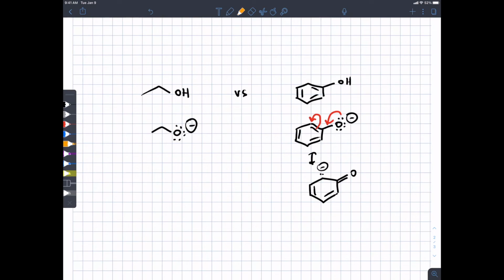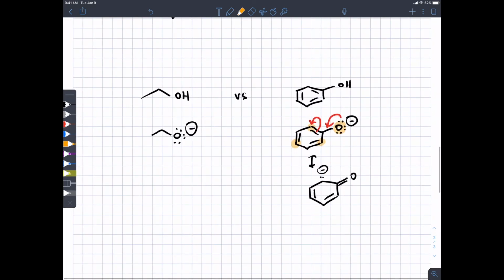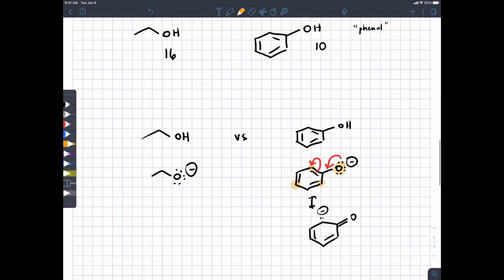If you follow that procedure, you can identify that the lone pairs can be on the atoms that I've just indicated there. So this negative charge from the phenol is stabilized by resonance, and therefore you would predict that the phenol would be more acidic, even if you didn't know the pKa's.